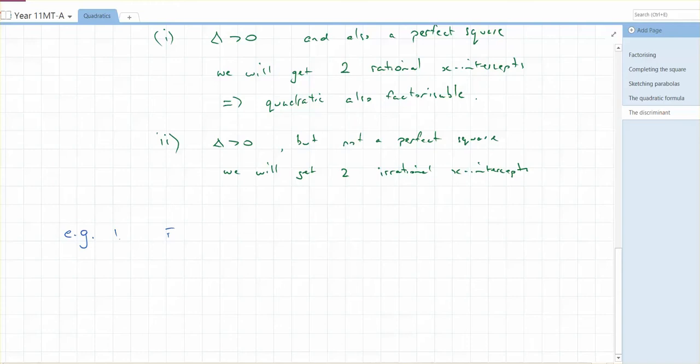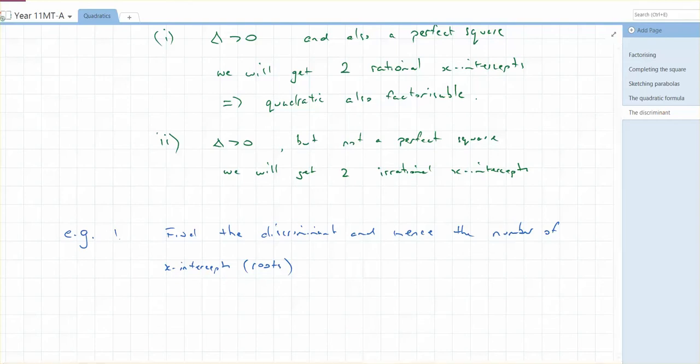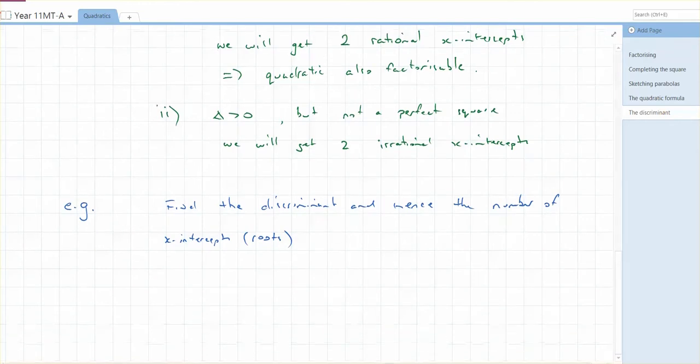So find the discriminant and hence the number of x-intercepts, but this also comes up as roots of an equation, and it's the same thing, x-intercepts. So find the discriminant and hence the number of x-intercepts for the following quadratics.